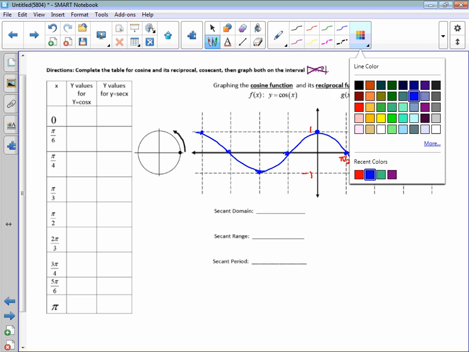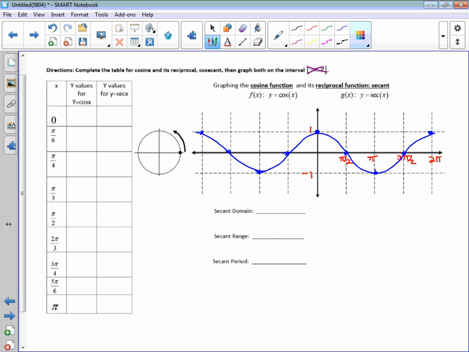To make it secant, then, we are going to think about our asymptotes. Are we okay with those being at the zeros? Yes? Okay. Then they overlap the ones and negative ones. And then you were just drawing your parabolas.